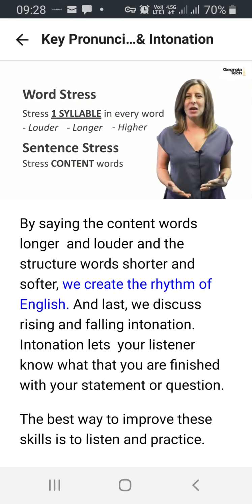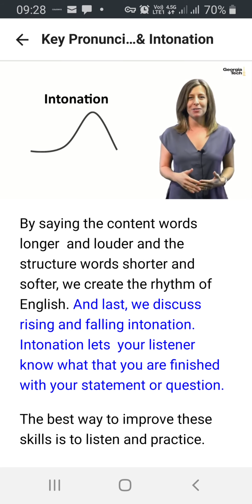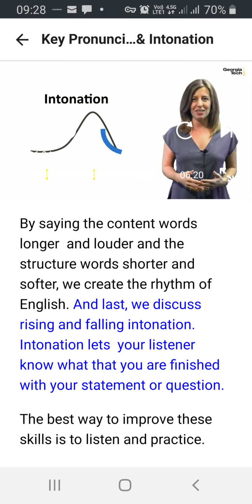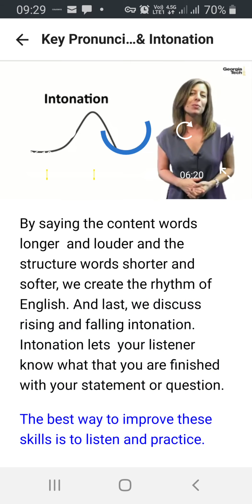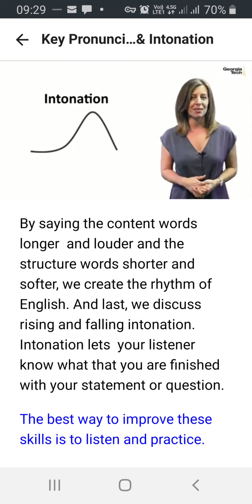And last, we discussed rising and falling intonation. Intonation lets your listener know that you are finished with your statement or question. The best way to improve these skills is to listen and practice.